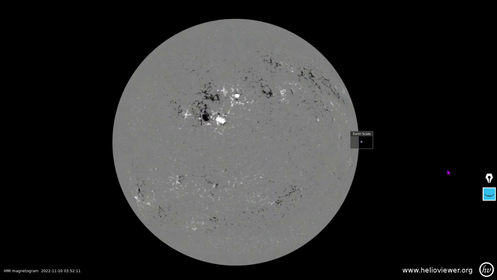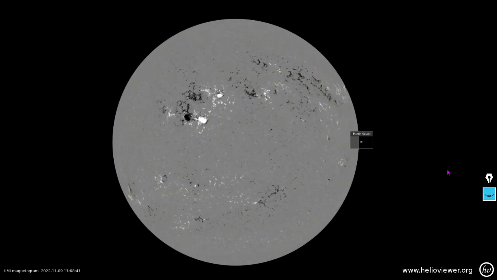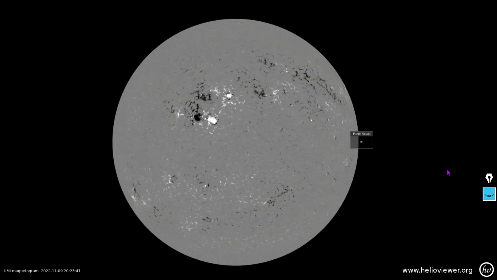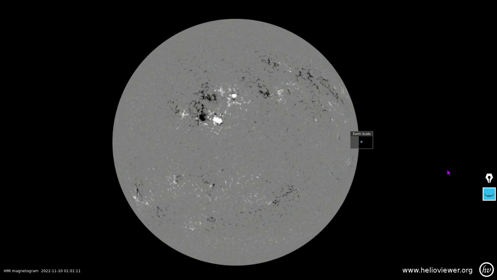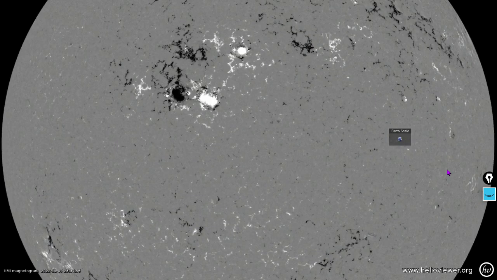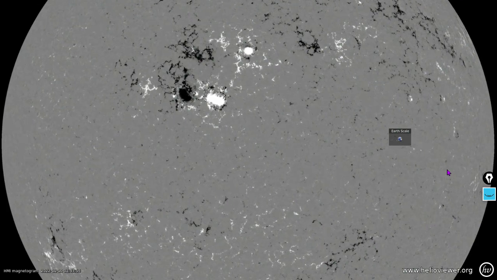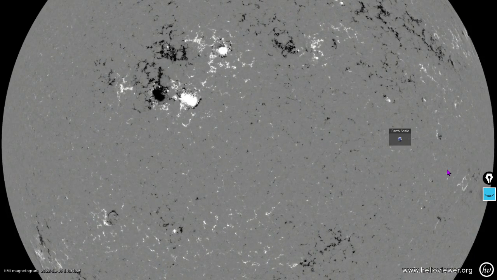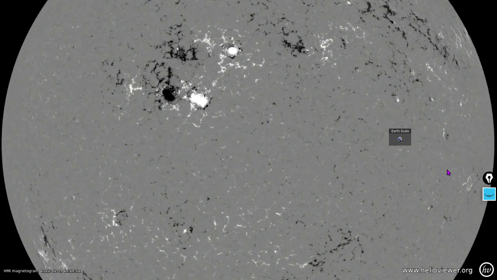And let's take a look at the SDO magnetogram for the past 24 hours. Here's a zoom in. So those sunspots mostly stable there for that period.